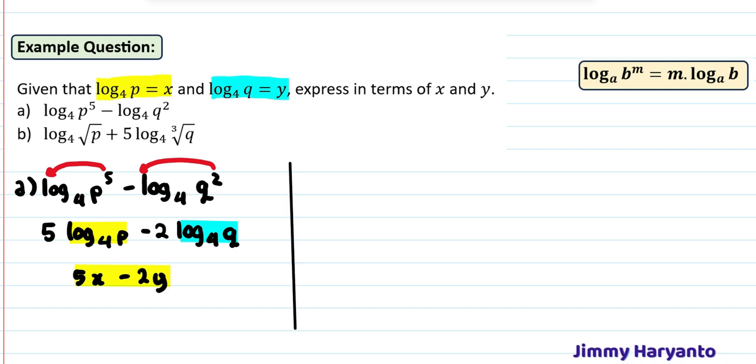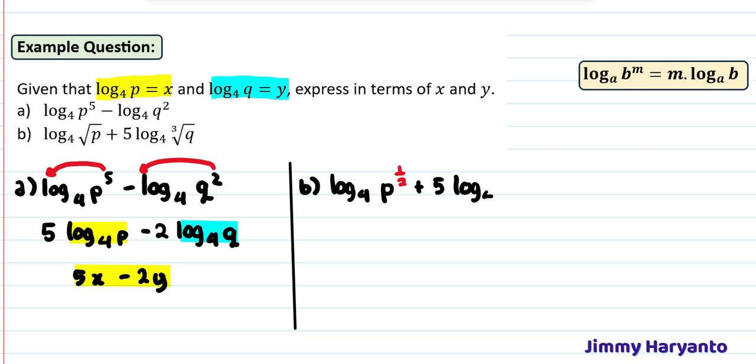Next is question B. For question B, still the same, but we have roots right there. That means you have to convert it into powers. Square root means power of half, and then for this one 5 log 4 q. Cube root means to the power of 1 over 3. And then next thing is we have to move this 5 to the powers.